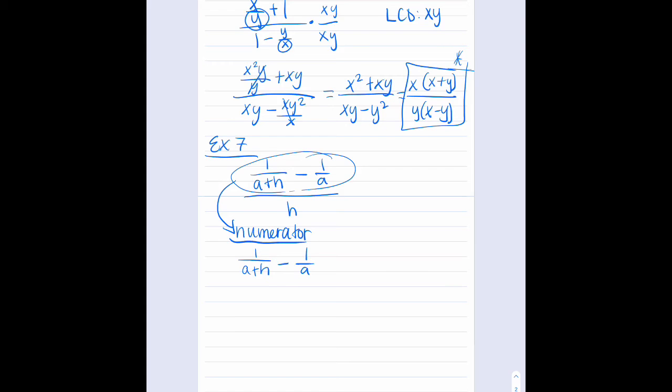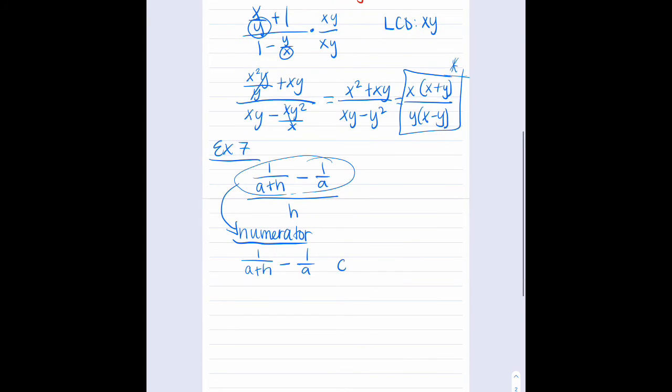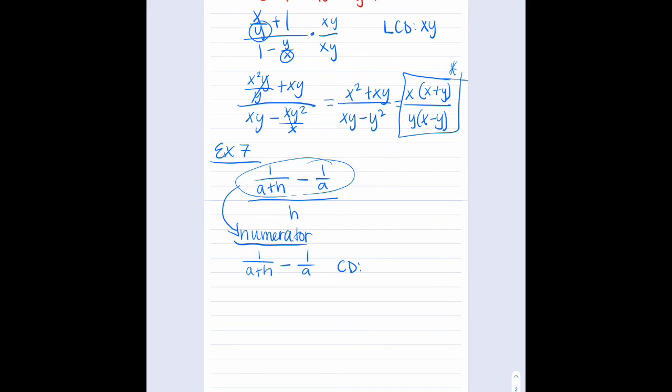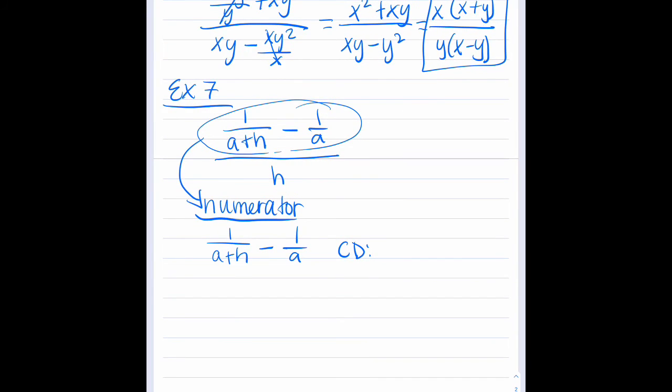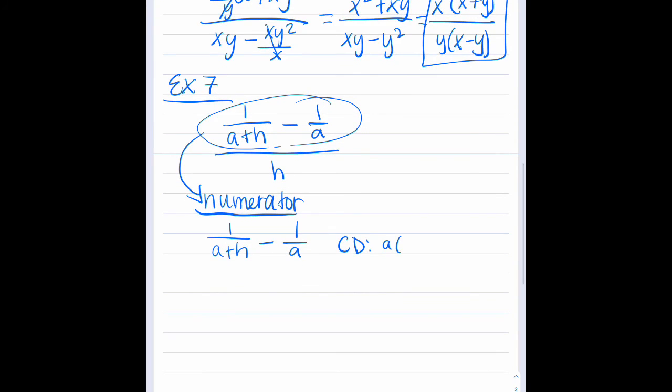Okay, so we need a common denominator, or least common denominator, it doesn't matter, you can say whatever. That a times a plus h is our common denominator, which means I need to multiply this side times a and this side times a plus h.